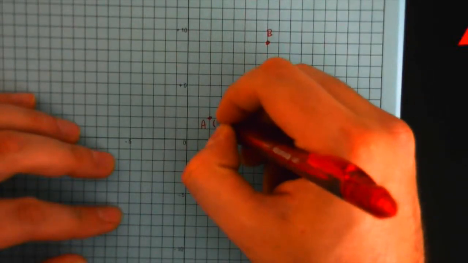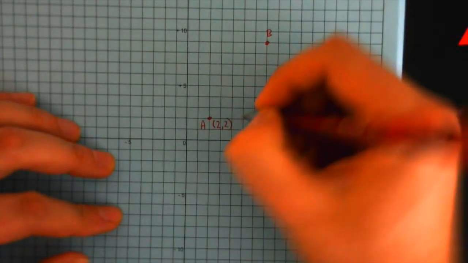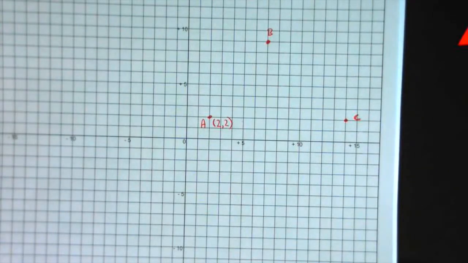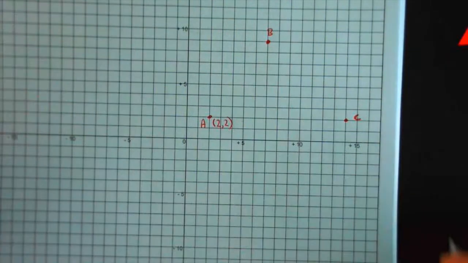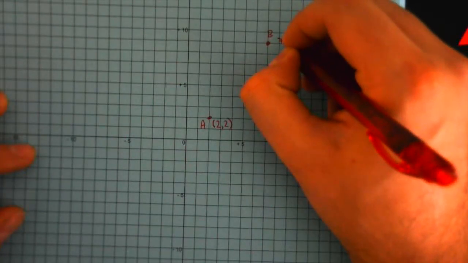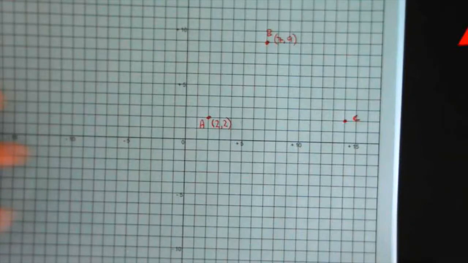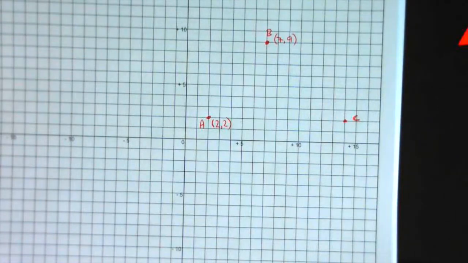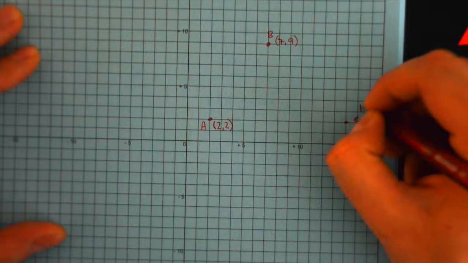Okay, pause. 2 and 2. Could someone tell me B? Maisha? Yep. And can someone tell me C? Mubashir. 14-2, right, okay.